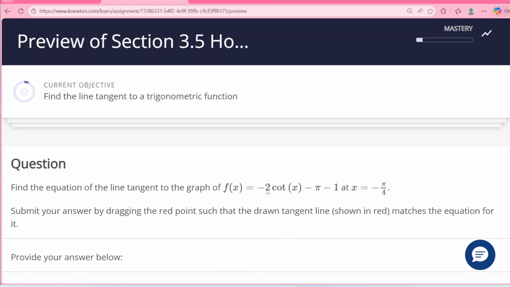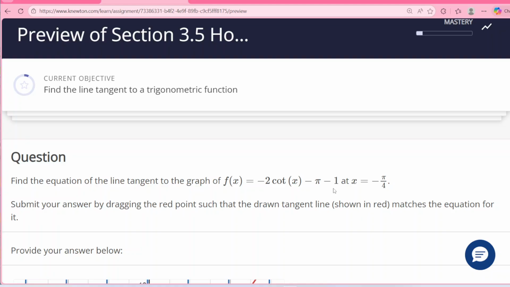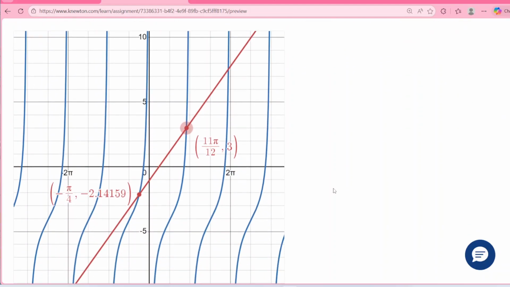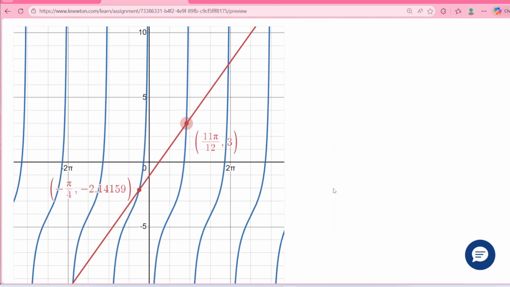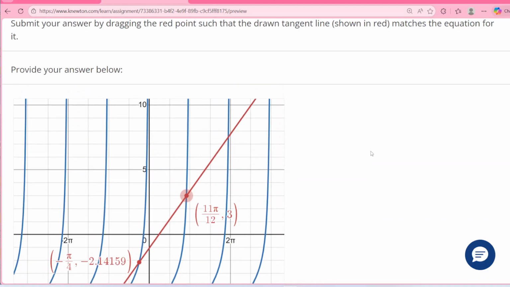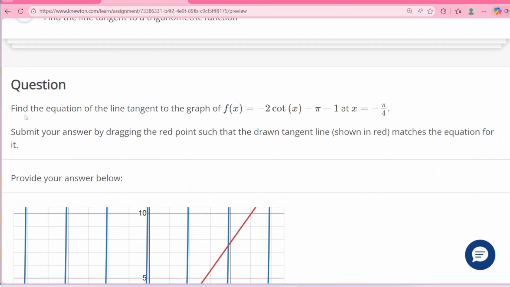All right. Another tangent line problem, this time with a cotangent function, and it's a little different, one of those interactive ones. So it looks like it's kind of like Desmos here. I think you're playing around with some Desmos stuff in this little snippet. So let's do this first.